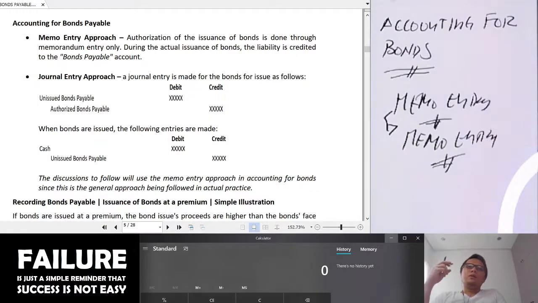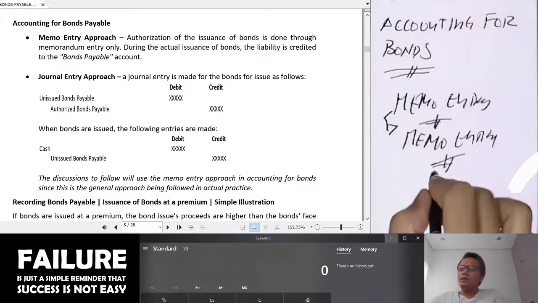Our memo entry would specify the details of the bonds authorized for issue: the value of bonds authorized, the interest rate, the term, and the denomination unit. Those are the things we put into our memo if we recognize the authorization as a memo entry.